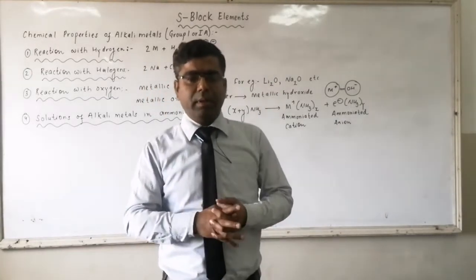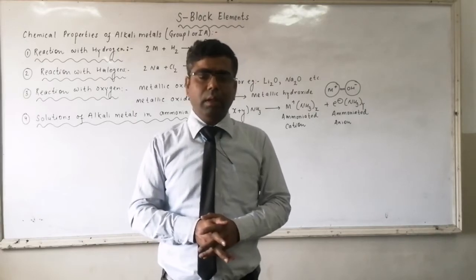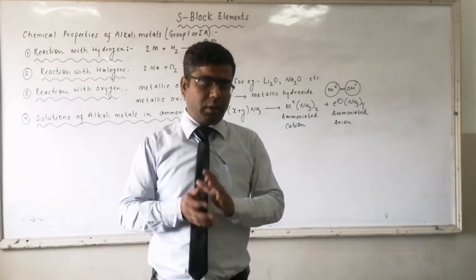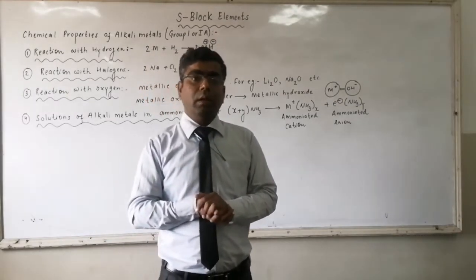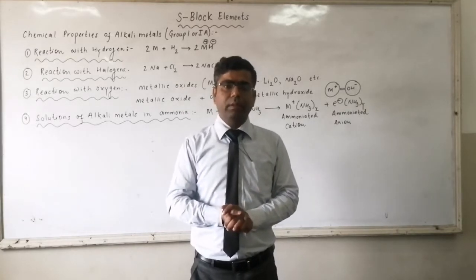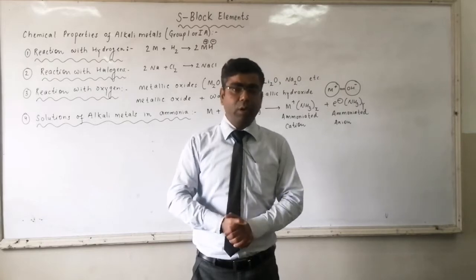We have started chapter S block elements, and in that chapter we have talked about how elements are classified into different blocks in the periodic table: S block, P block, D block and F block elements.